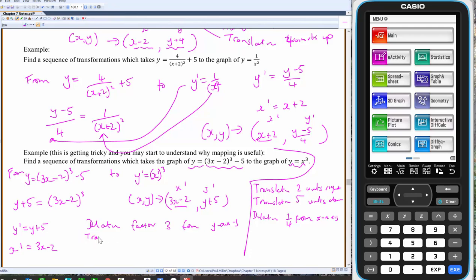This is a translation 2 units to the left. And finally, another translation 5 units up. All right, and again, I'd be impressed if you got that one correct. Okay, if you did, well done.